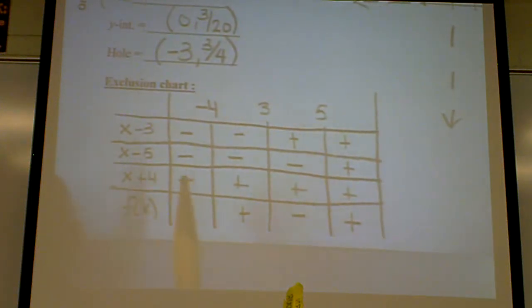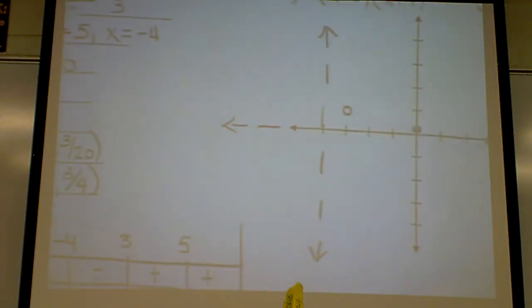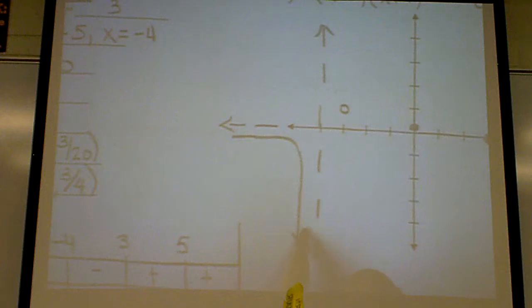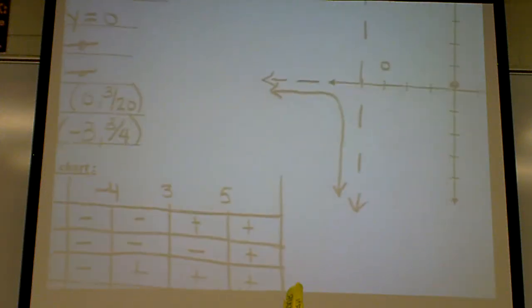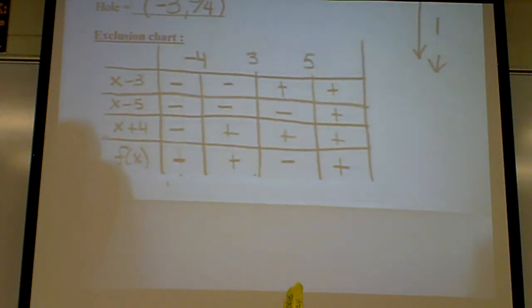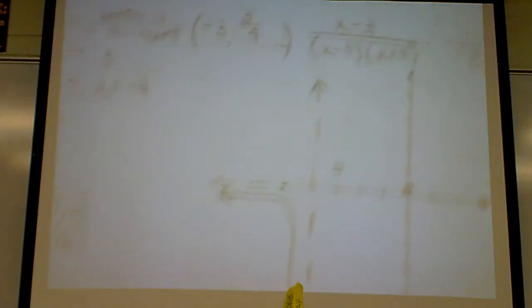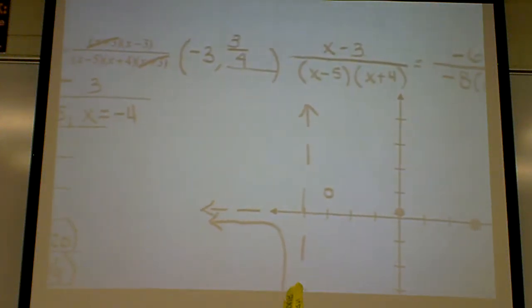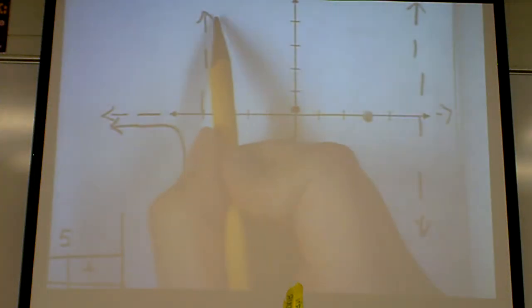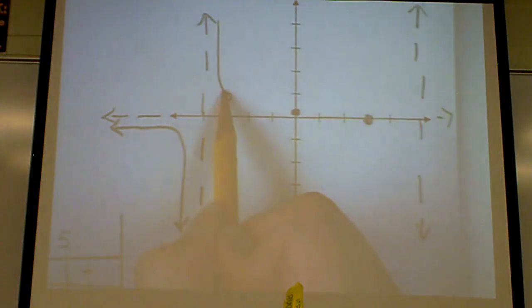So from -infinity to -4, it is negative. So we'll be down here in our graph. From -4 to 3, it is positive. So that's going to be like this.